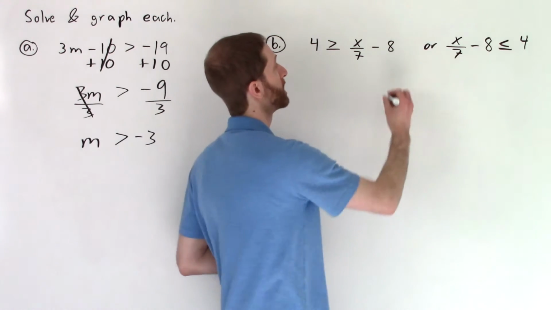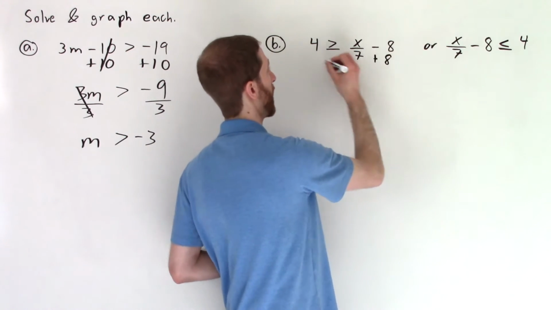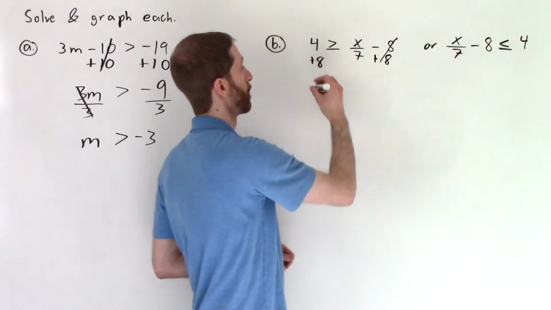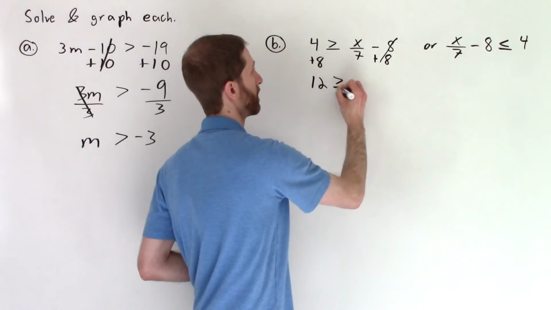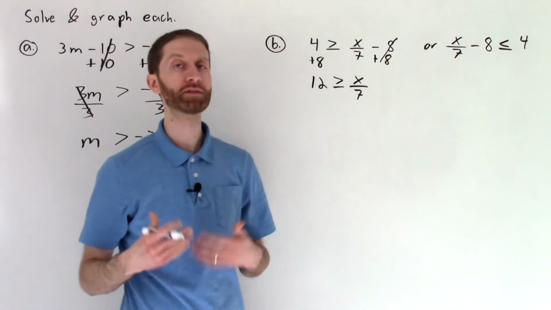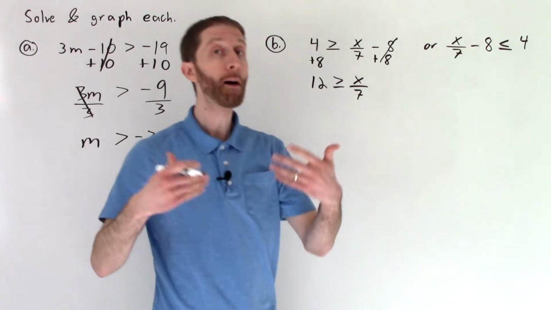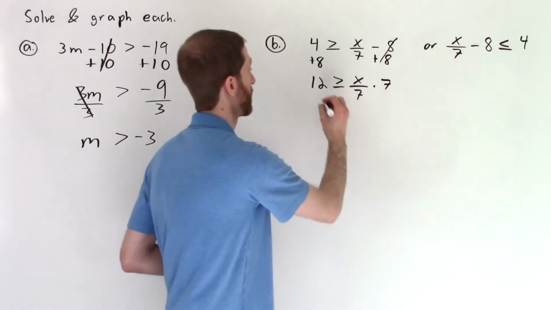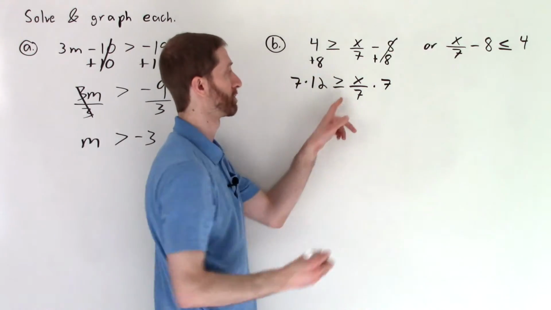So we're going to undo minus 8 by adding 8 to both sides. The minus 8 and the plus 8 cancel. 4 and 8 is 12, is greater than or equal to x over 7. And then we notice here that we have a variable divided by 7. To undo that, I multiply both sides by 7, to undo division by 7.